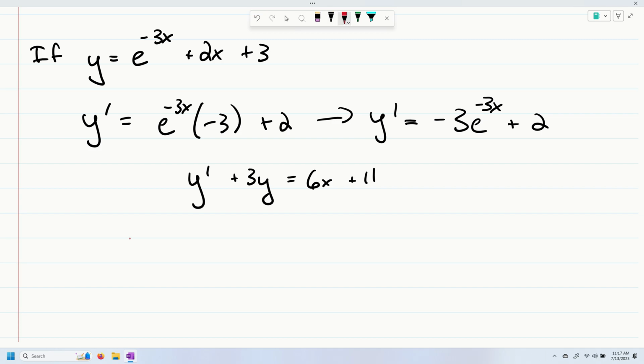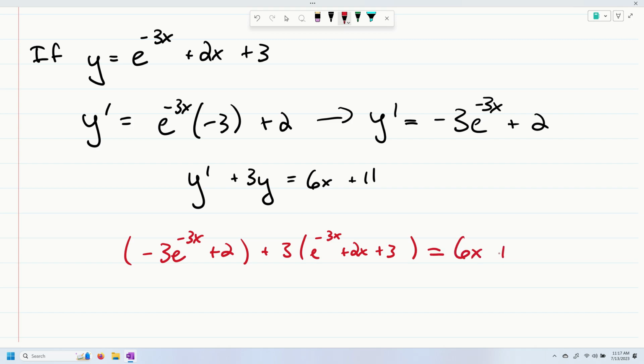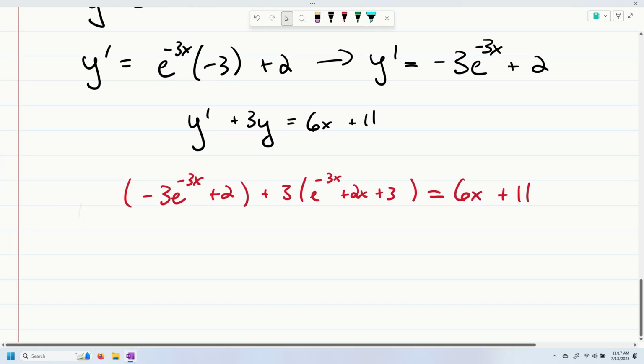Y prime, we know, is negative 3e to the negative 3x plus 2, plus 3 times y. Y is e to the negative 3x plus 2x plus 3. And what we are hoping is that when everything is all said and done, this will equal 6x plus 11.